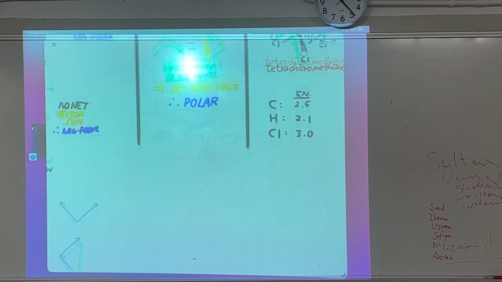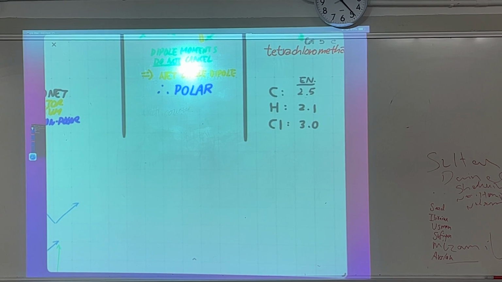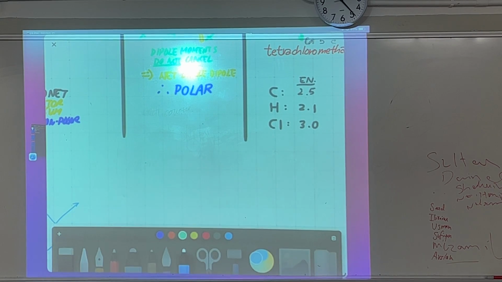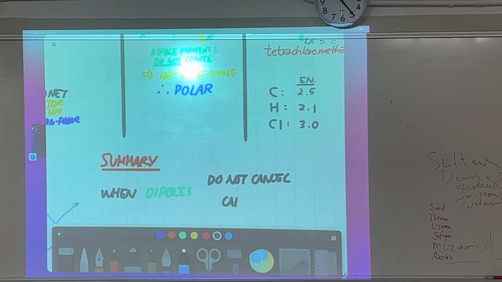When the dipoles cancel out, write down the summary here. So the summary is, when the dipoles in green do not cancel compared to when they cancel, what will happen?